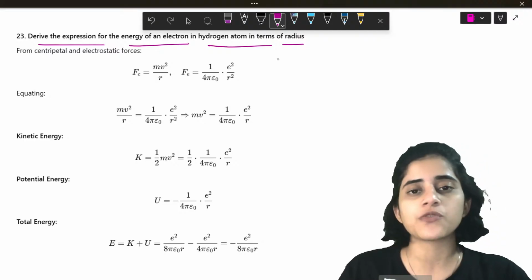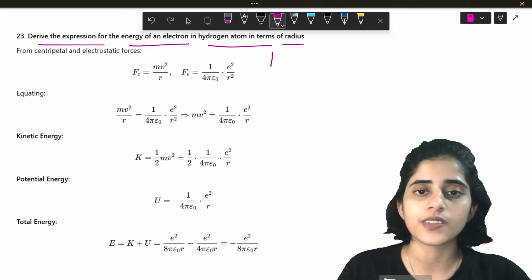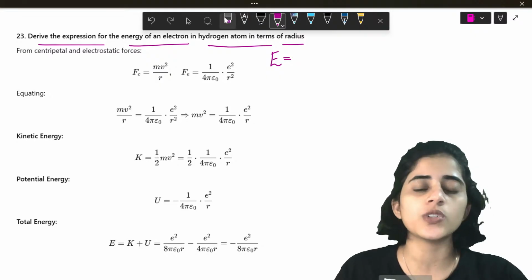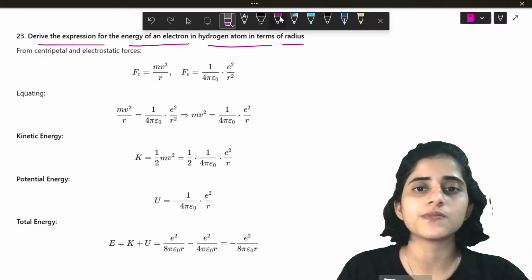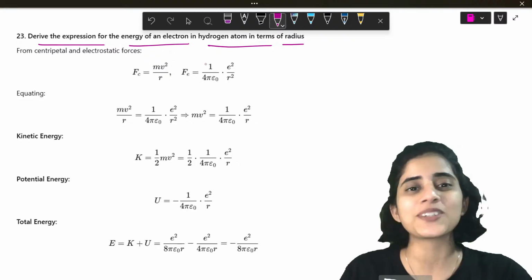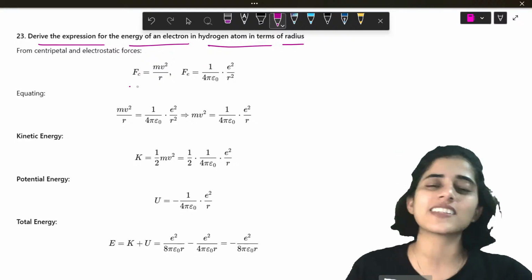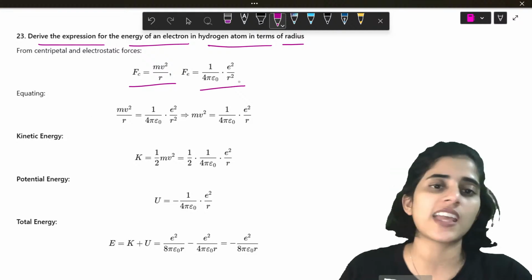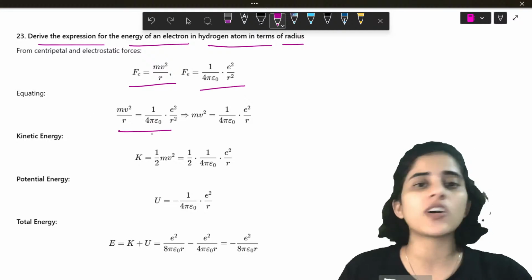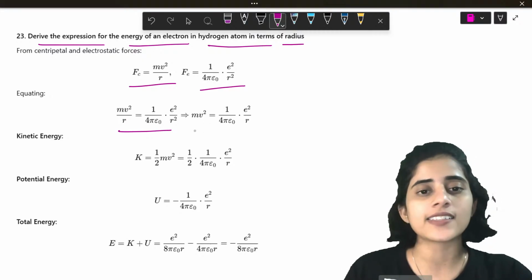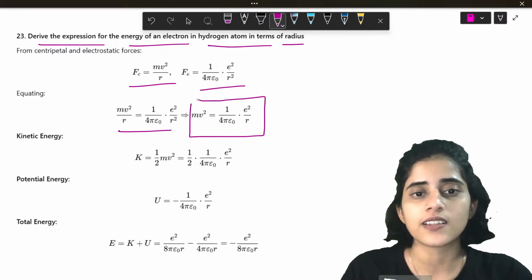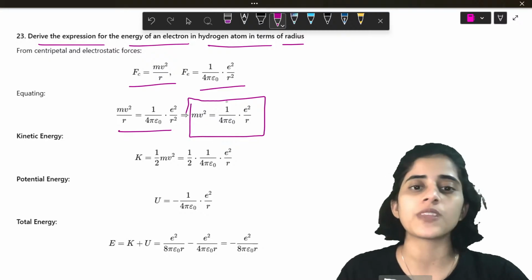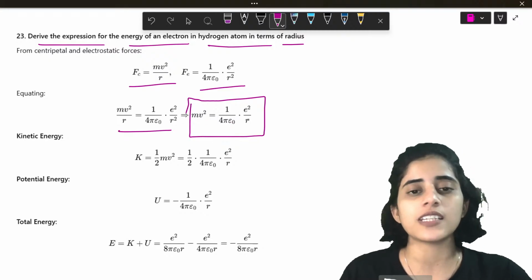First we'll start, it's a circular radius. So force is mv square by r. Electrostatic force is 1 by 4 pi epsilon naught E square by r. You equate the two. So r and r cancel. You will get mv square is equal to 1 by 4 pi epsilon naught E square by r.